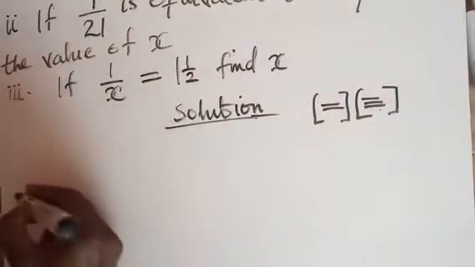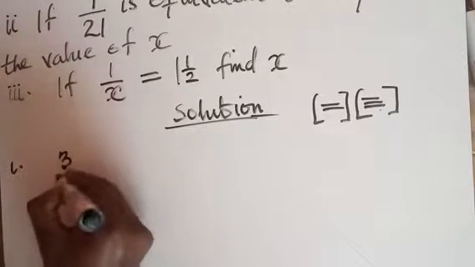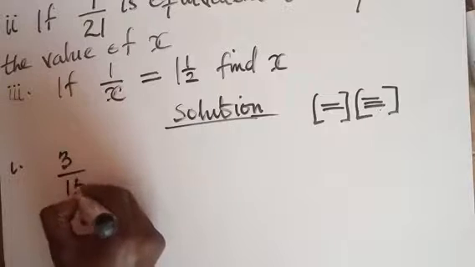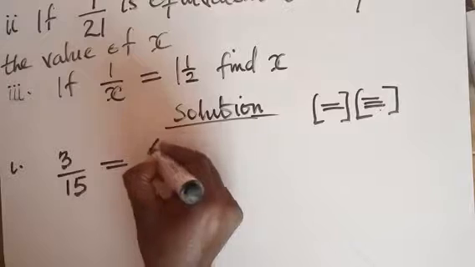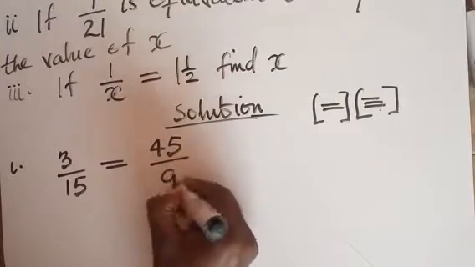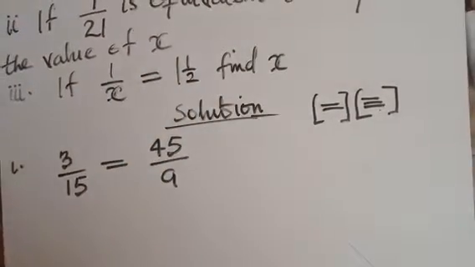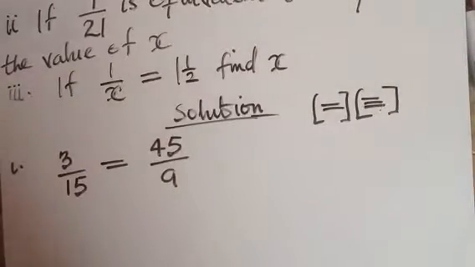So for the first one, it is going to be 3 on 15 to be equals to, that is the equivalency, 45 on A.